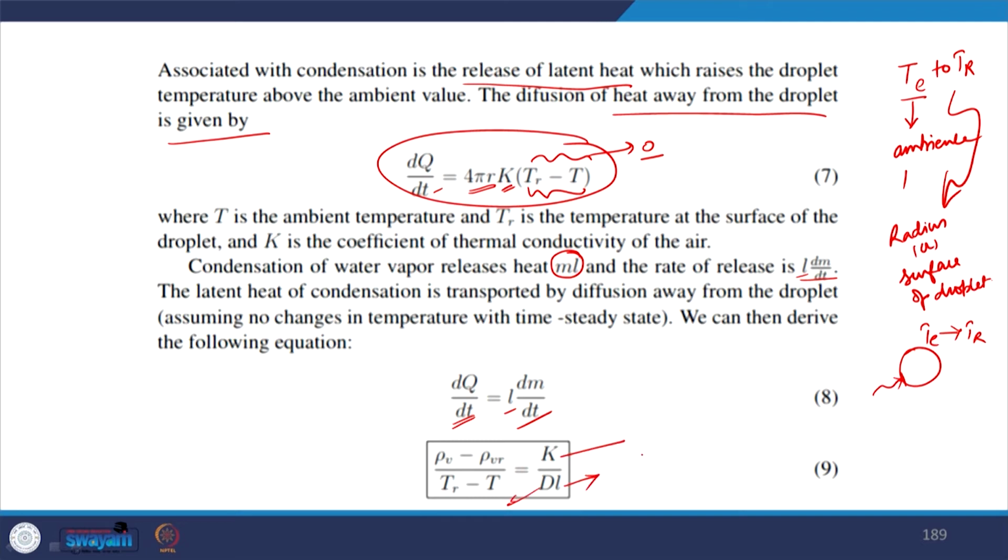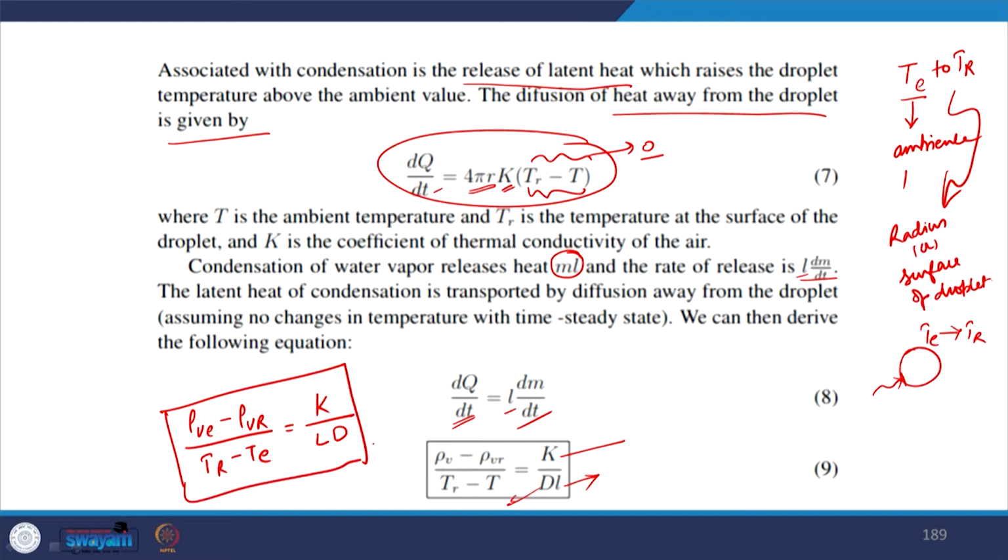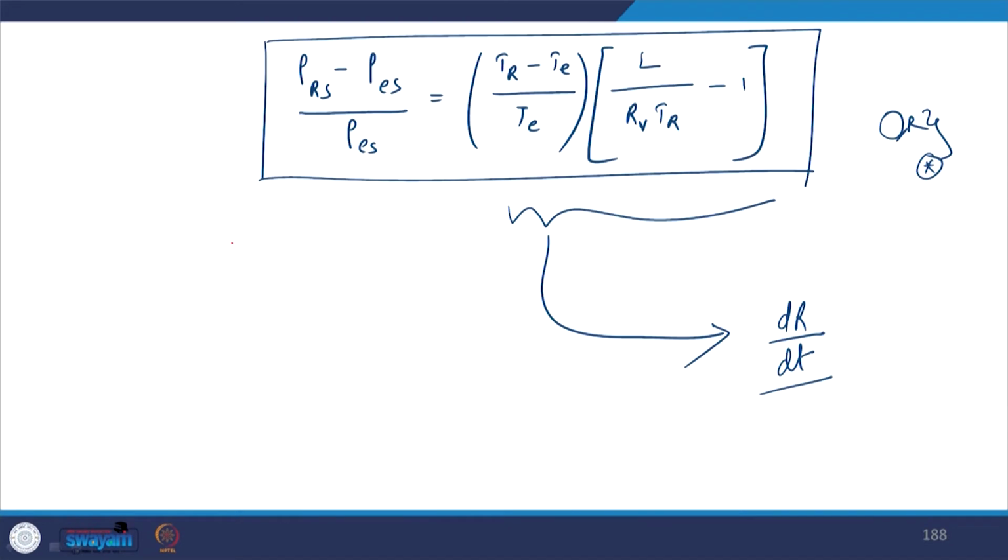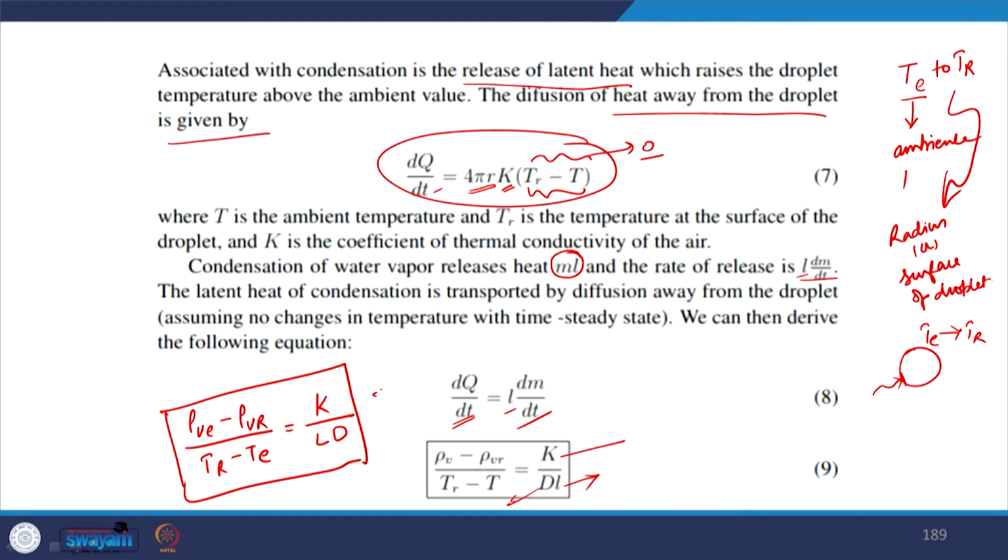In our terminology, we can write this as rho V e minus rho V r divided by T r minus T e equals K by L T. This is one equation we are going to supplement with our earlier equation. Let us say this is equation number 1 from here, and we call this equation 2.